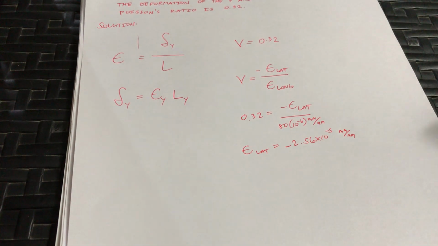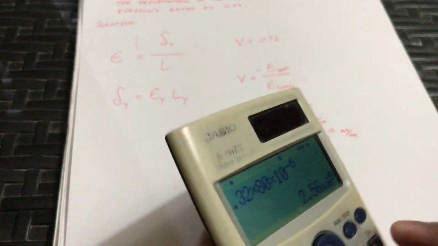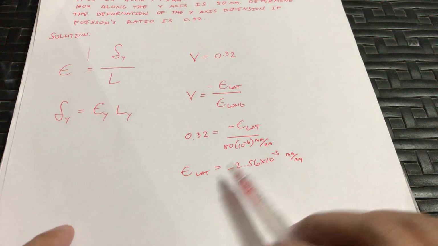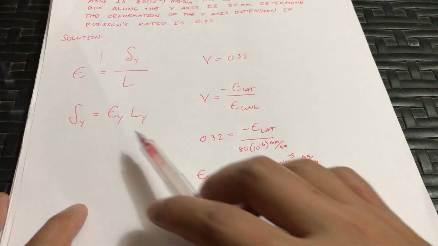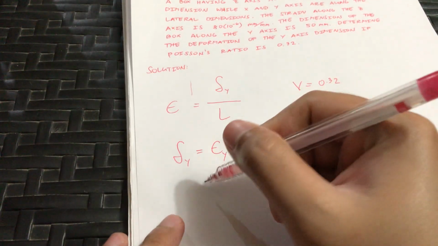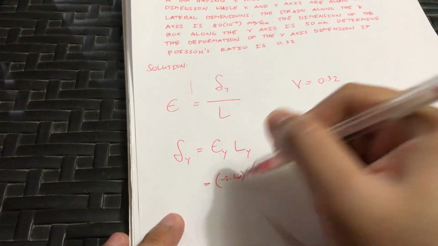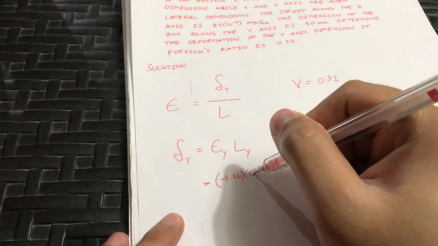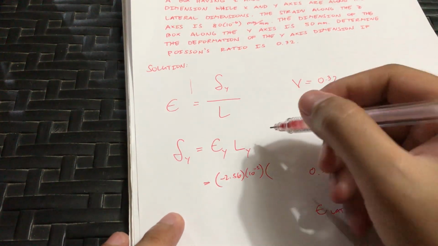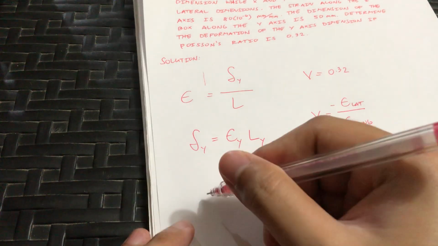Okay. So we now have the lateral strain, 2.56. So this is the same as the strain along the y-axis. So we have negative 2.56 times 10 to the power of negative 5 times the Ly, which is 50 mm.